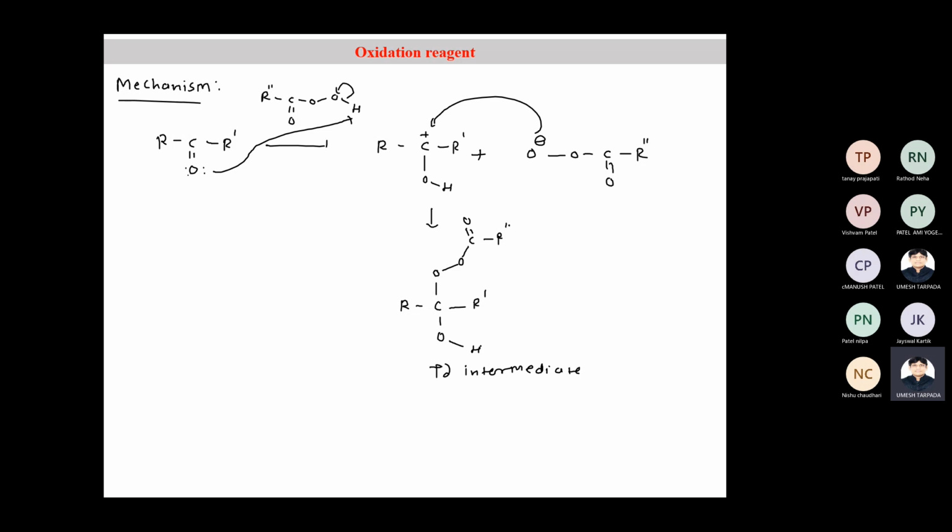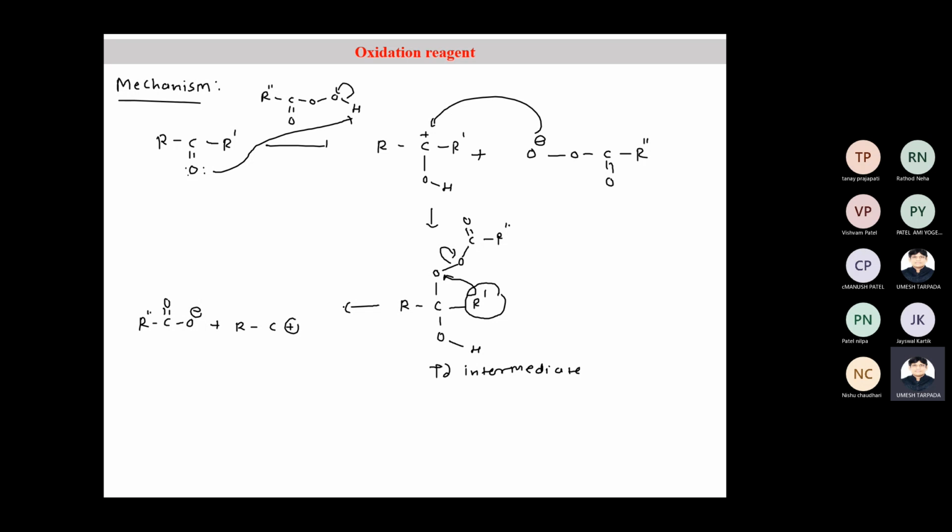Followed by this, the next step is group migration from carbonyl carbon to oxygen. This group is electron rich, so it migrates from carbonyl carbon to oxygen with departure of this one. So RCOO minus is a byproduct, and you are getting this product.